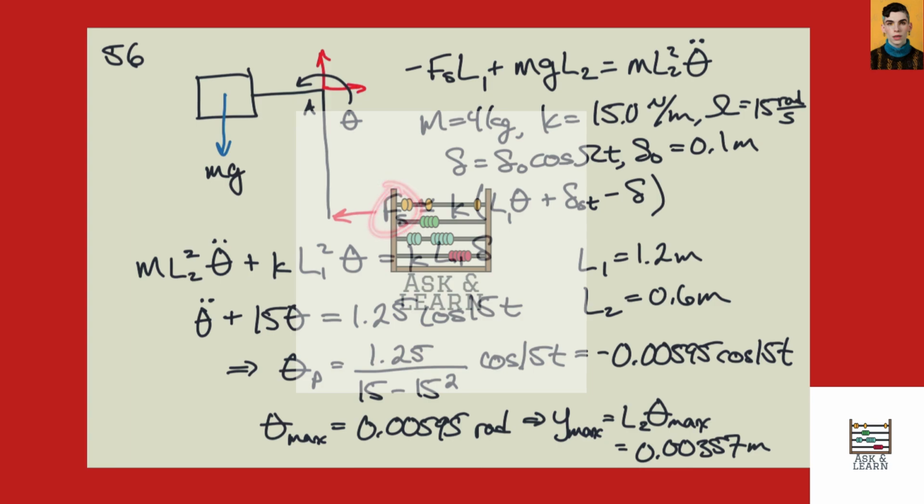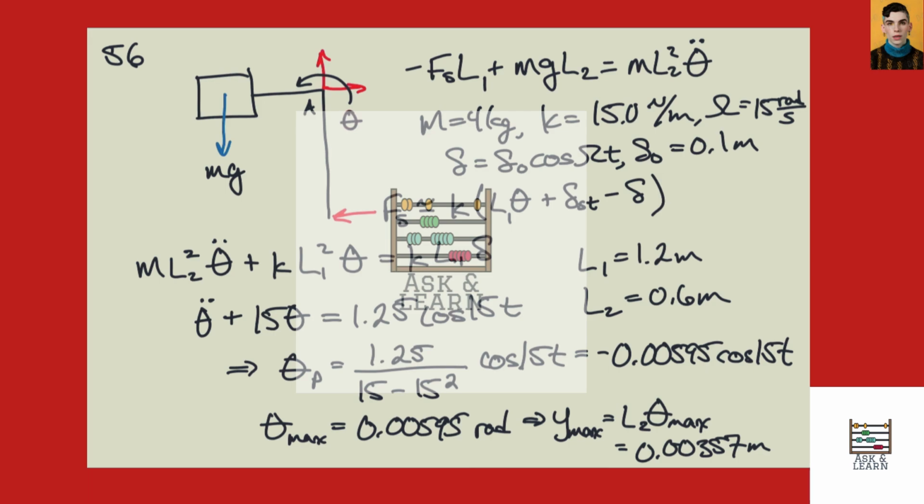So the spring force, and again, this is approximate because I'm assuming that the angle is going to be small, so that the displacement down here is roughly L1 theta. We also have some pre-compression in the spring if we're going to measure theta from equilibrium.